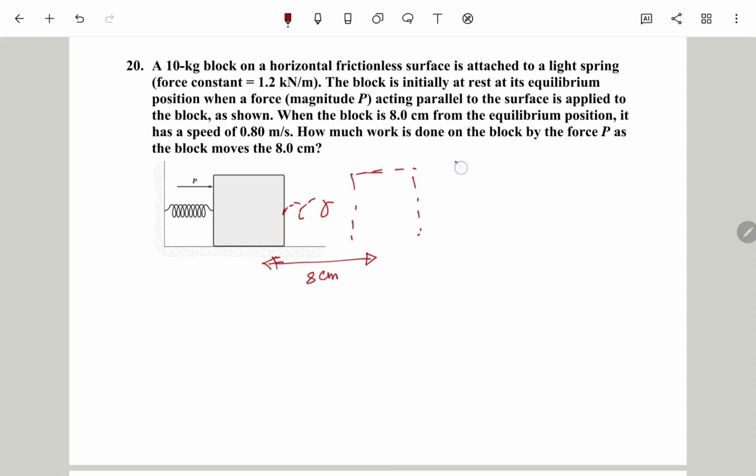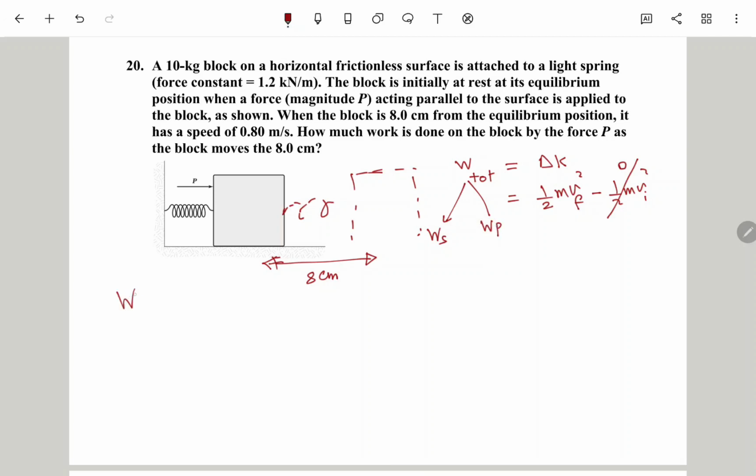So work total equals delta K, or equals half V final squared minus half V initial squared, and this one here is equal to 0 because the object is initially at rest. Now for work total, we actually have here work from the spring and work from force P.